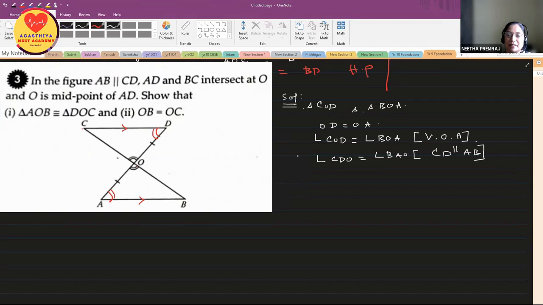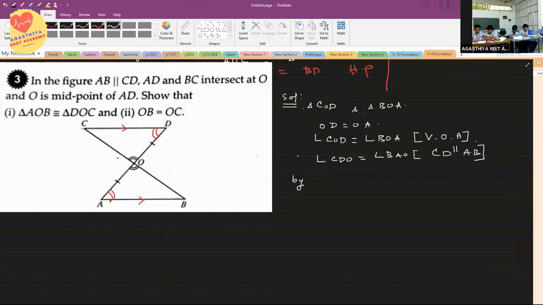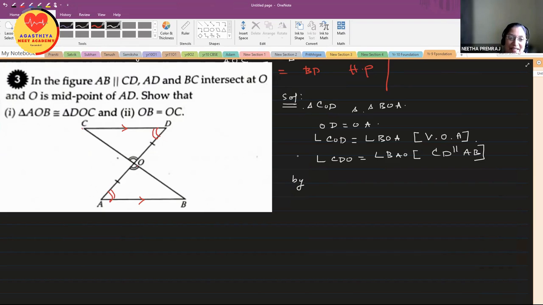By what criteria are these two triangles congruent? Somebody tell me. Ma'am, ASA. Superb. Very good. ASA: angle, side, angle.